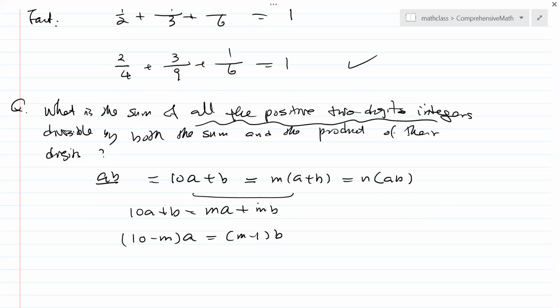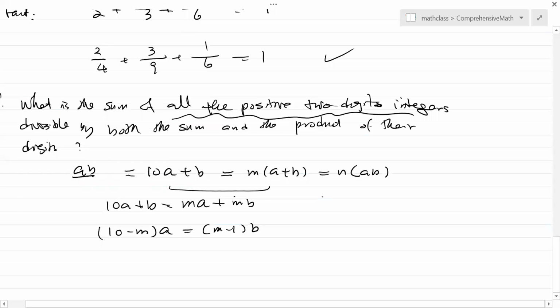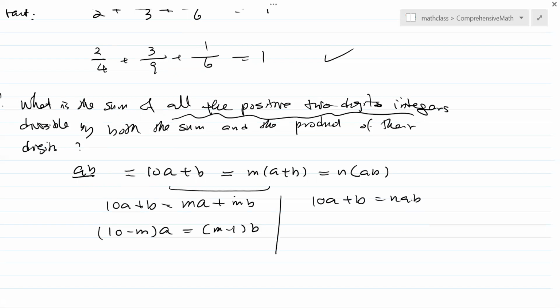Right, and you can also have the other equation: 10A plus B equals NAB. So that will be 10A equals (NA minus 1)B. That's one, right? You move B to the other side.